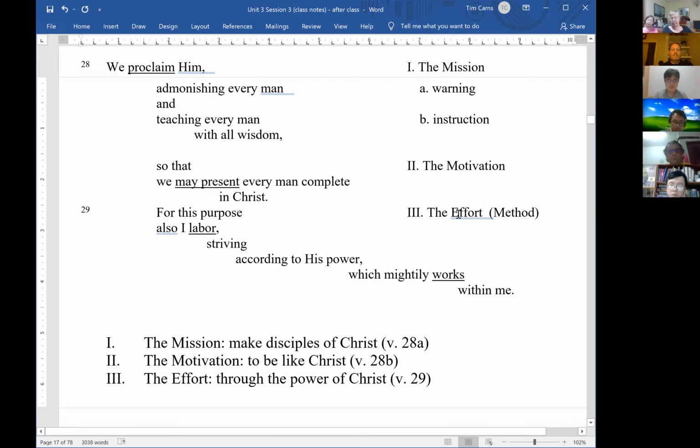And here we definitely see the idea of effort, labor, striving, works. Those all are focused on an effort. So method might not exactly fit, but sometimes I'll do that. If I have an outline and I can't think of a word that starts with that same letter that fits, I'll just put a word there that's closest to the idea of the text.